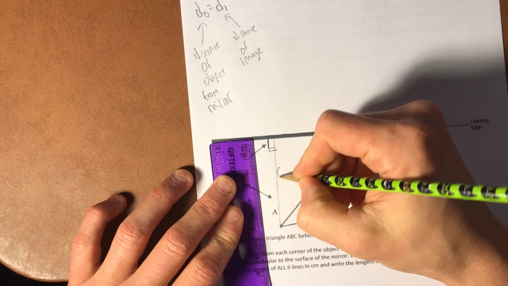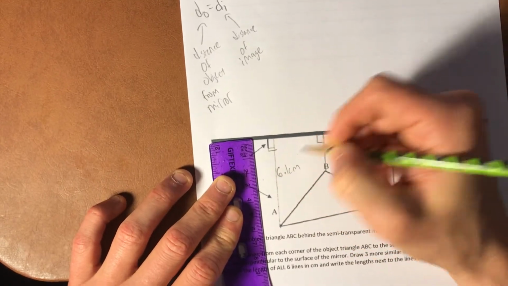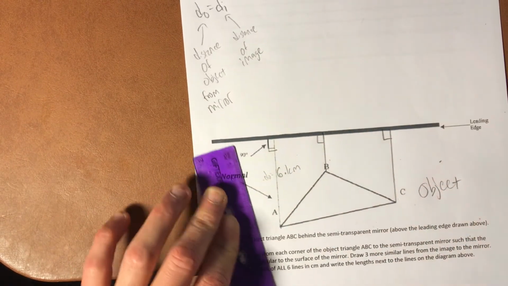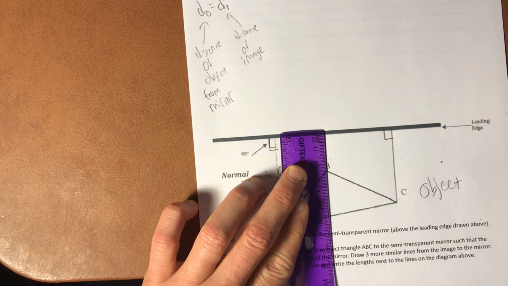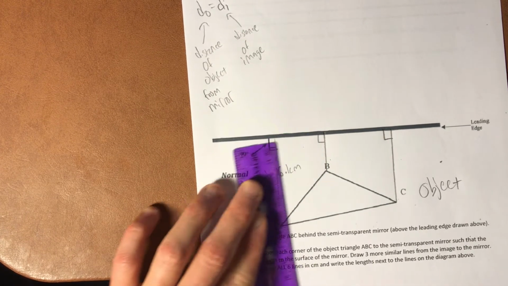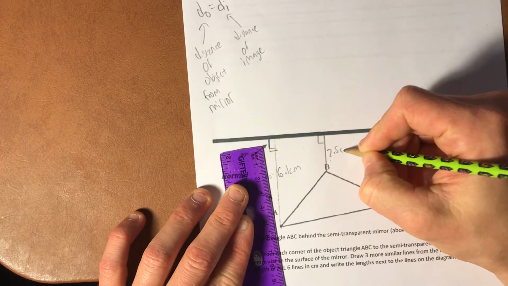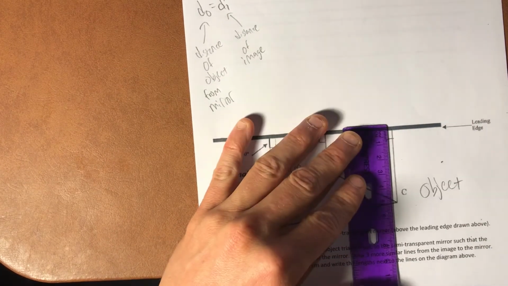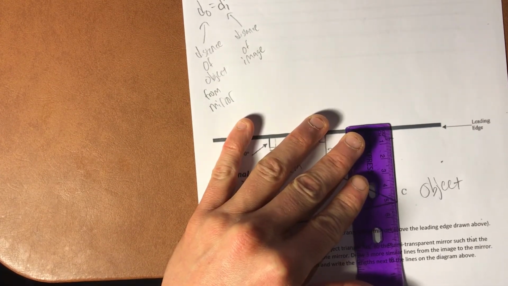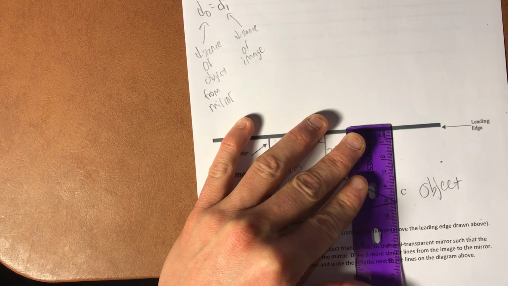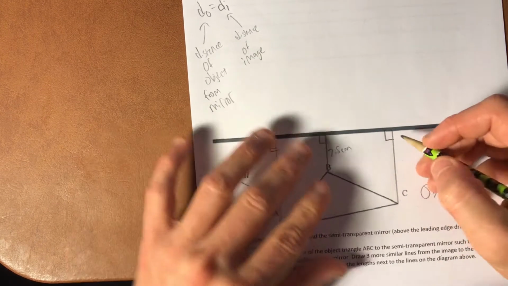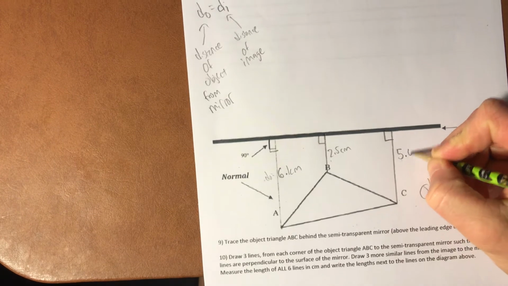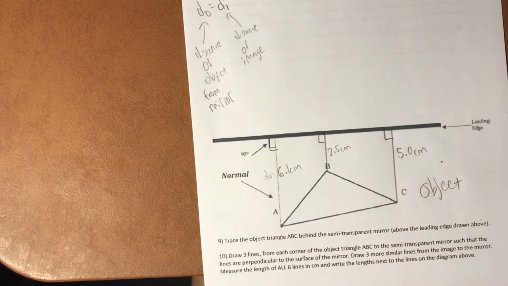So I got 6.1 centimeters for A. Here, I'm getting 2.5 centimeters. And for letter C, I'm getting 5 centimeters on the dot, 5.0 centimeters, okay?